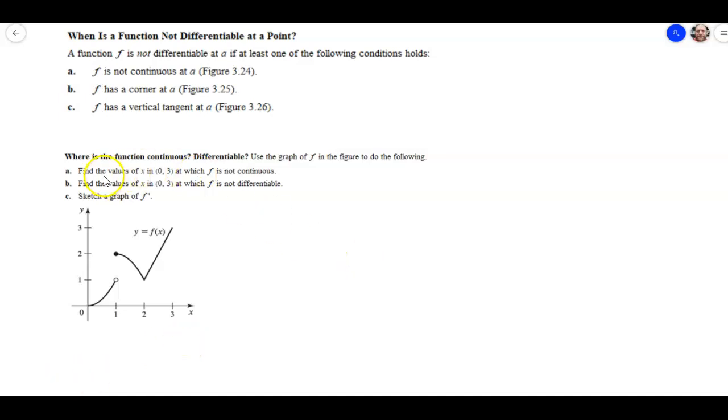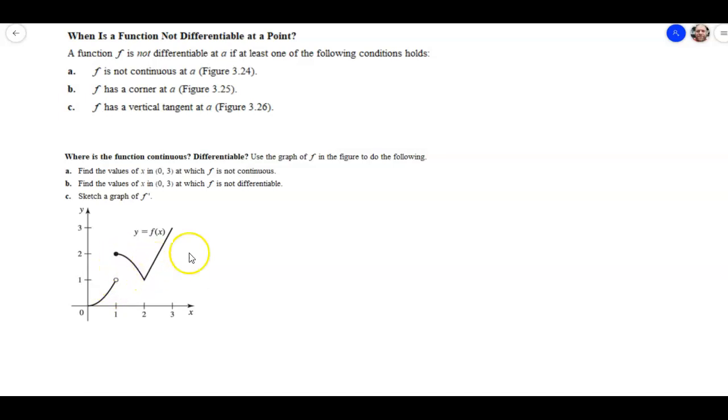All right, so for A, it says find the values of x in that interval 0 to 3 in which f is not continuous. So if I take my pencil and I start here at 0 and I go up, notice I have to raise my pencil and drop it here.